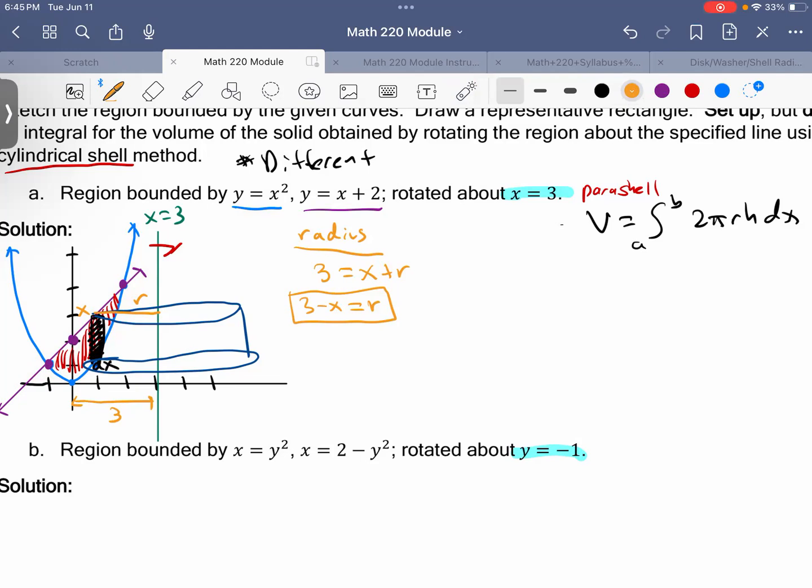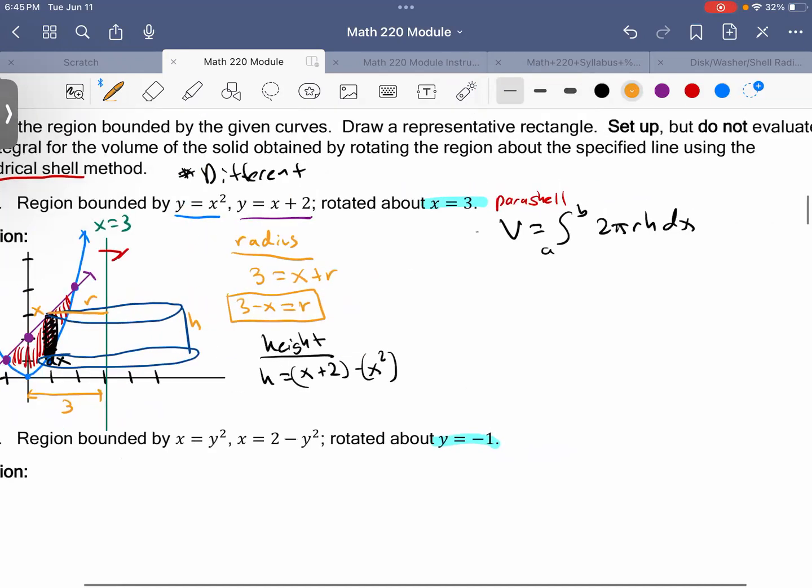So height equals x plus 2 minus x squared, just the distance between those two formulas. Okay, so that is how we find the radius and height.